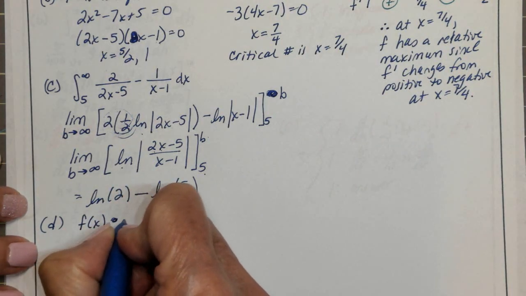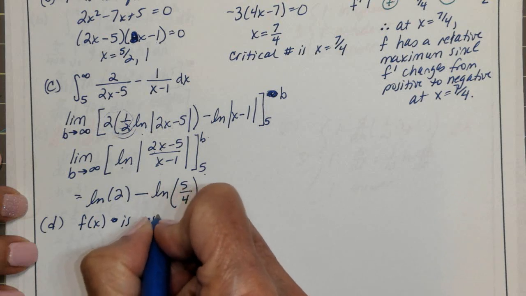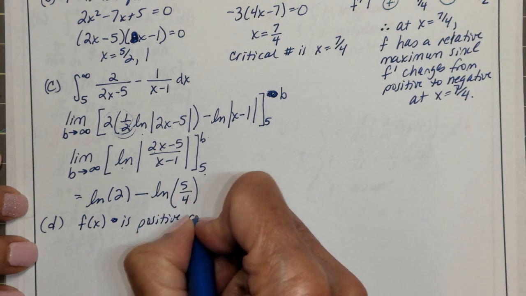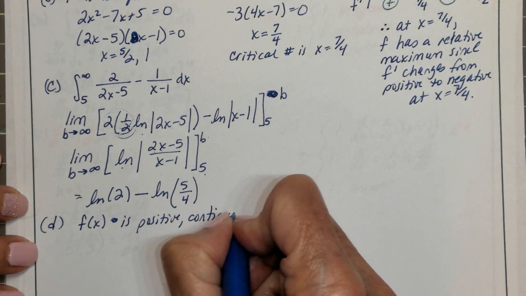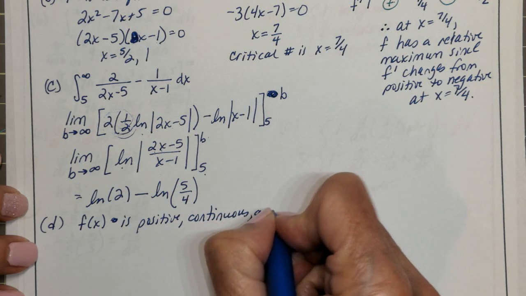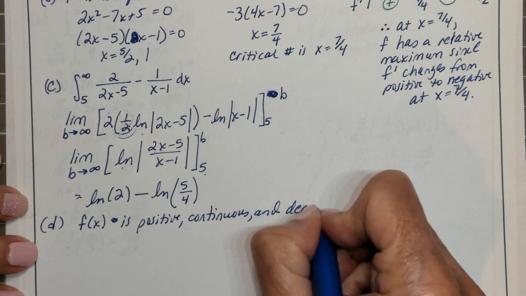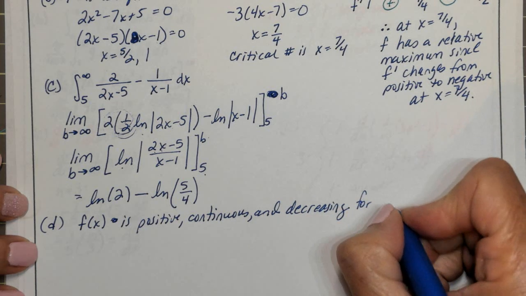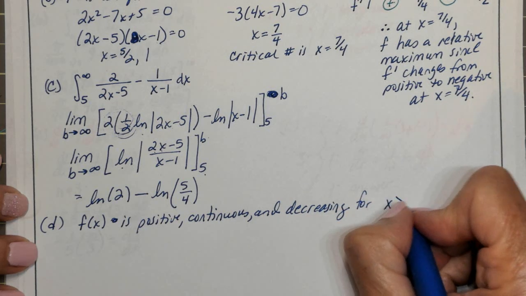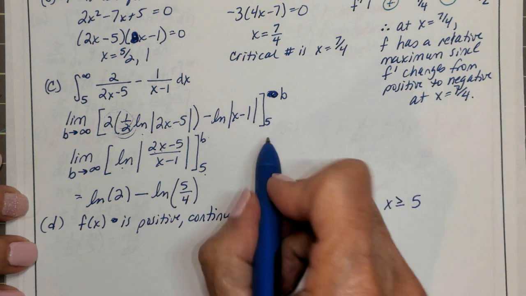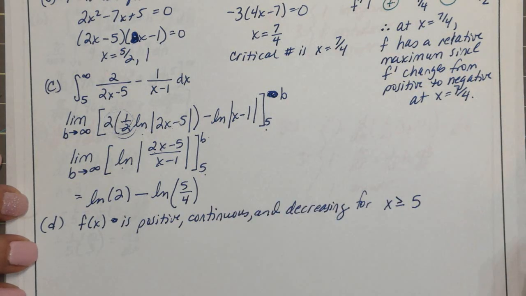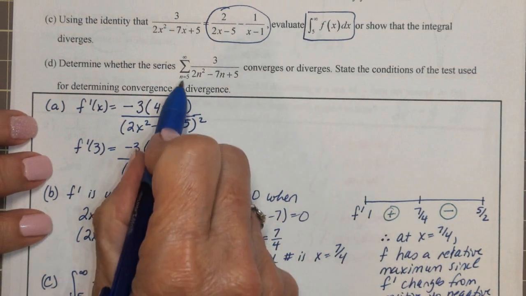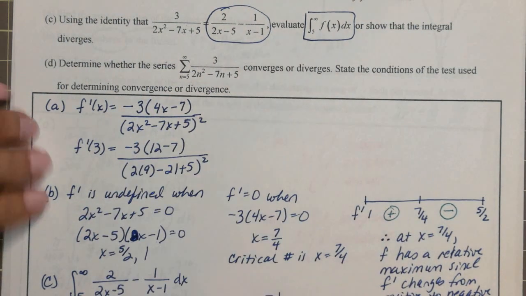f of x is positive, continuous, and decreasing for x greater than or equal to 5. That was our boundary there, right? And that is our boundary here, yeah?